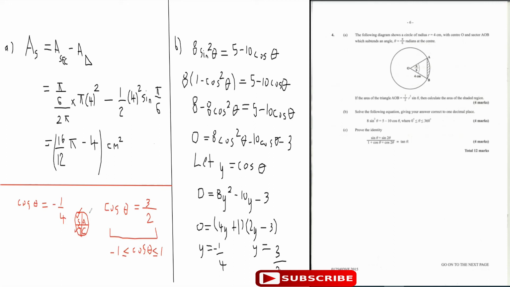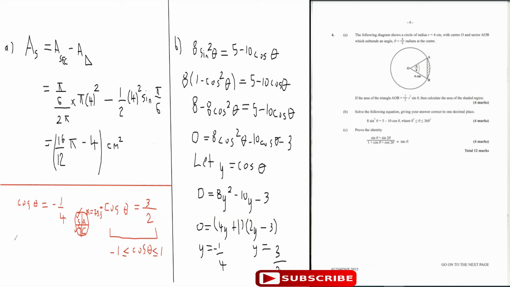So first we need to find the principal acute angle, which is cos inverse of a quarter. So find out what is cos inverse of a quarter, and you get 75.5 degrees. Now we want the answers in this quadrant.